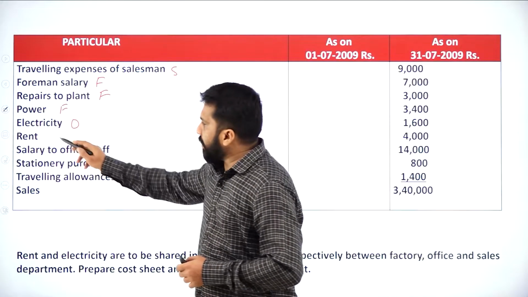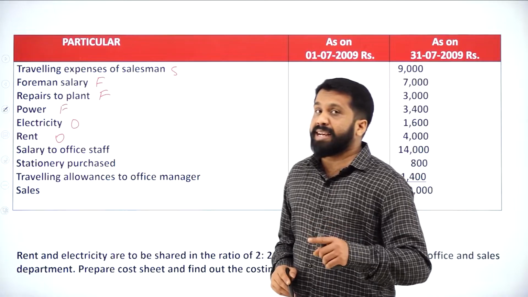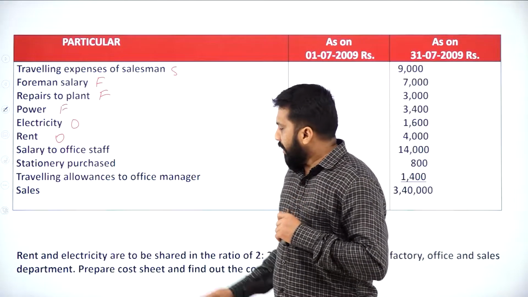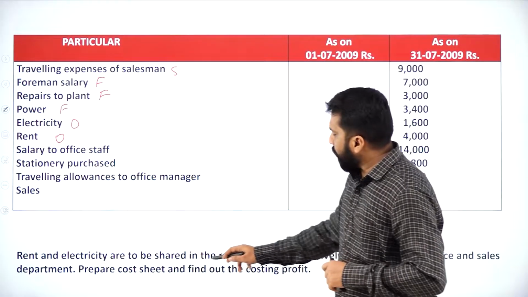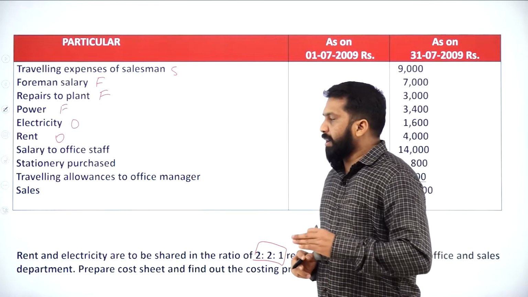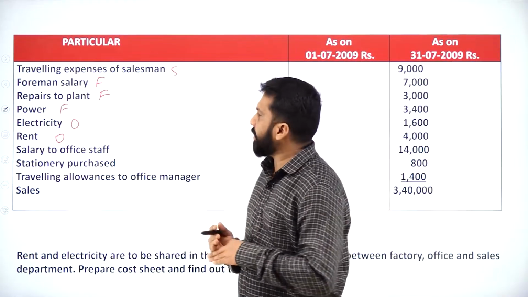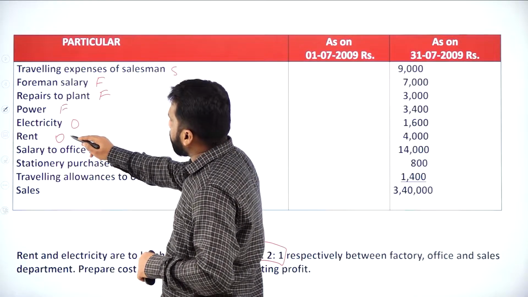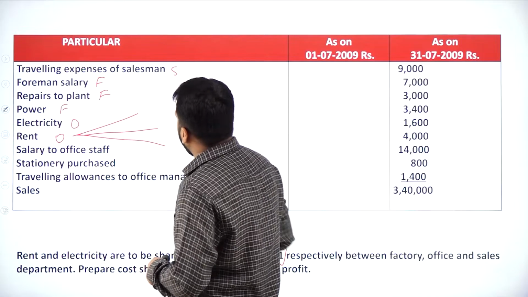Power means we need huge power supply to run a machine. Next, rent, office. Have they mentioned rent for which? No. Then we have to go for adjustment. As per the adjustment, rent and electricity are to be shared in the ratio of 2:2:1. Rent and electricity we have to bifurcate.